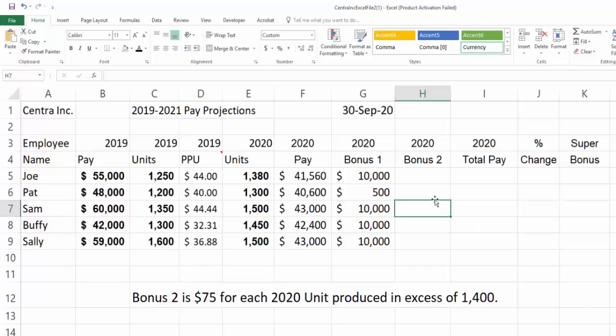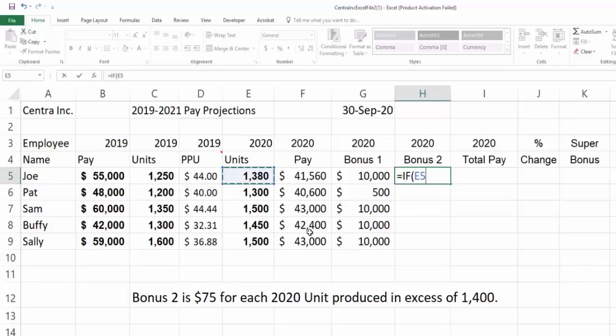So you have to ask yourself, how does Excel check to see who gets a bonus? And I'll only do that calculation for people who get a bonus. Who gets a bonus? Bonus 2. Only people whose units are more than 1,400. Everyone else is a 0. So have a look. We're going to use another if statement. If this number is greater than, actually not even equal to, just greater than 1,400.